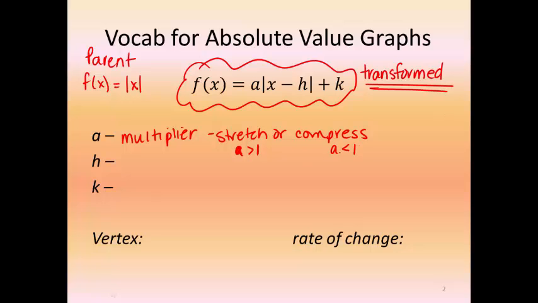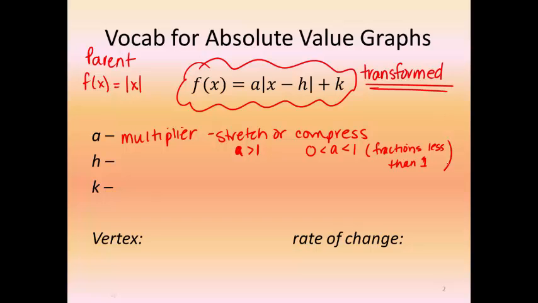Now I'm going to put some qualifications. I don't actually want it to be negative. We're going to consider that. I don't want A to be negative. So how do I fix that? I want it to be between 0 and 1. So what am I talking about? I'm talking about fractions that are less than 1.